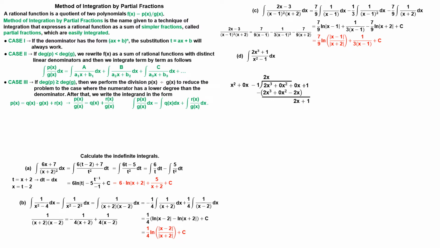The quotient is 2 times x, with the remainder being 2 times x plus 1. Then we write the original rational fraction as a polynomial plus a rational fraction, where the degree of the numerator is less than the degree of the denominator.